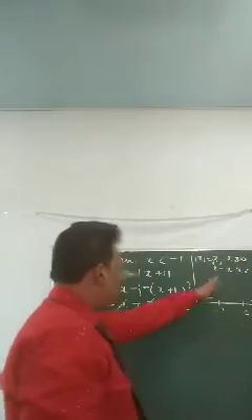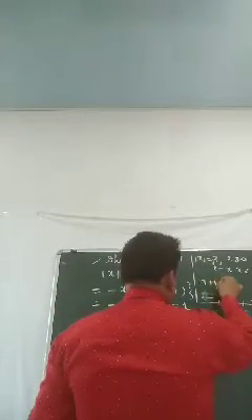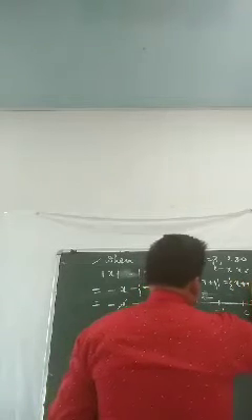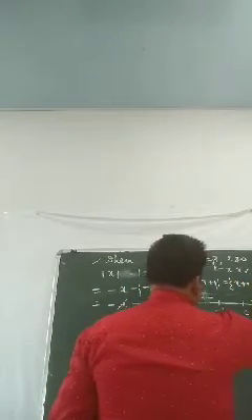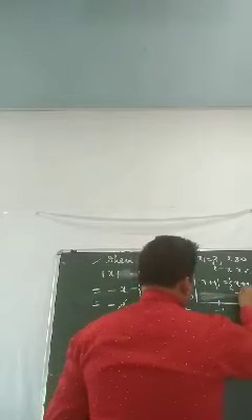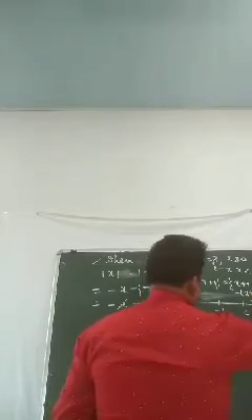I have copied it here so that I can compare. Mod of x plus 1 is x plus 1 for x greater than or equal to minus 1, and minus of x plus 1 for x less than minus 1.